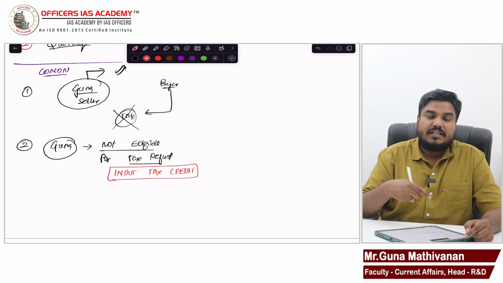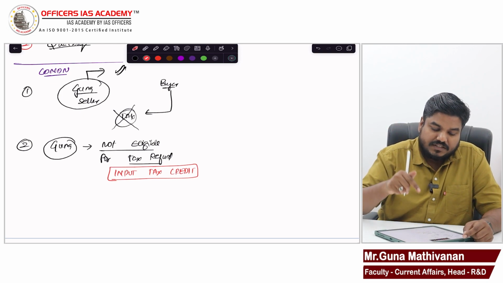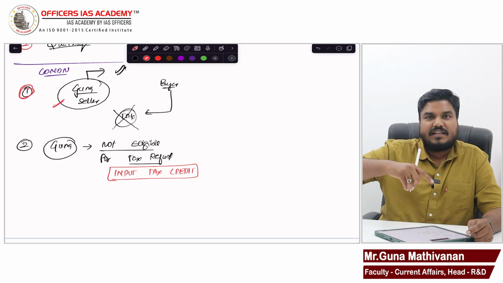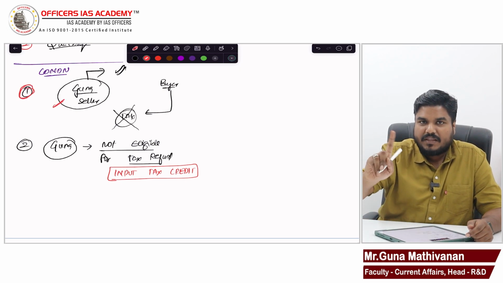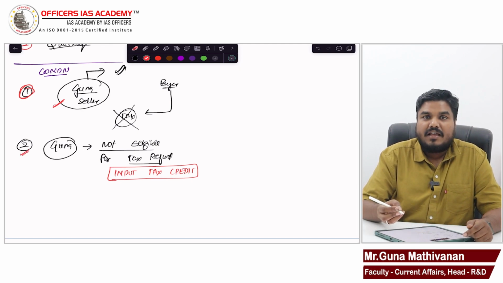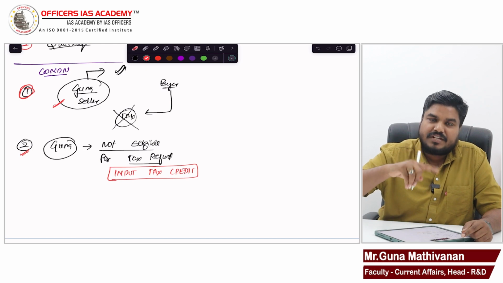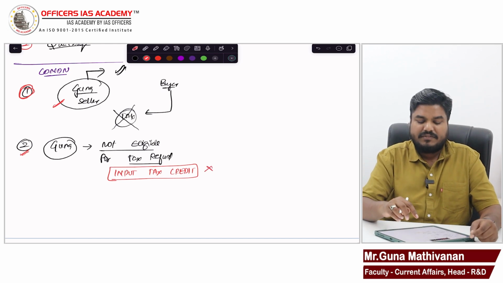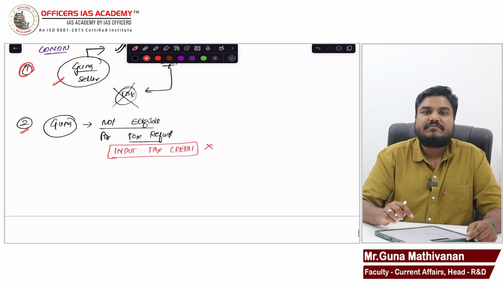So if Guna is opting for the composition scheme, first condition, the seller has to pay the tax. From the buyer, Guna should not collect. Second thing, when Guna is opting for composition benefits, Guna will not receive input tax credit.